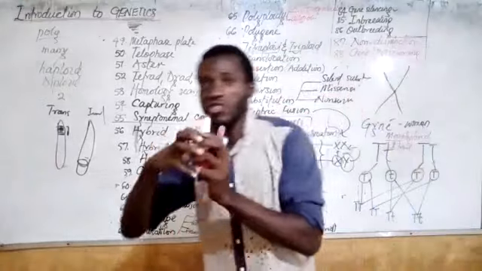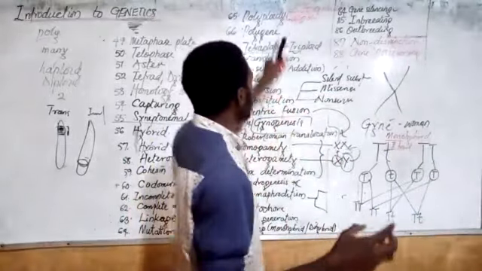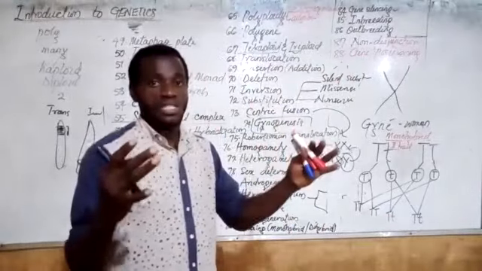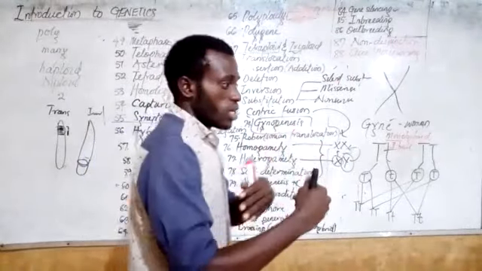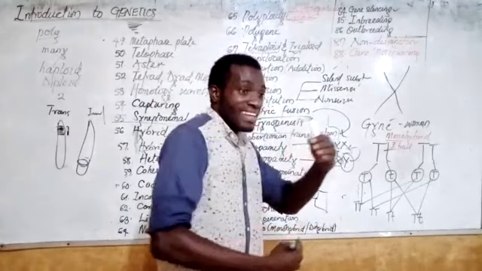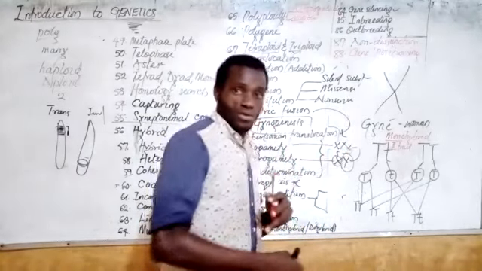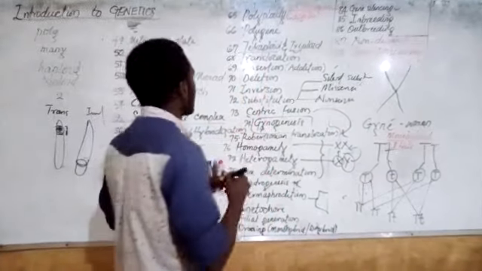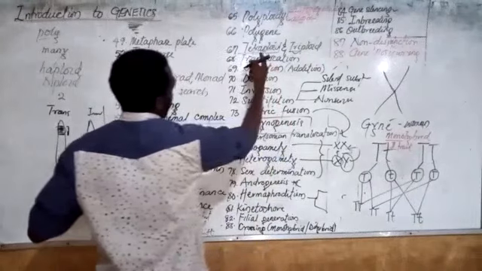When there is non-disjunction, I told you there are two things that lead to polyploidism. We have non-disjunction of those sister chromatids resulting in an individual that now has double the number of chromosomes it is supposed to have. So like having two sets of two chromosomes, that's 4 sets, tetraploidy.